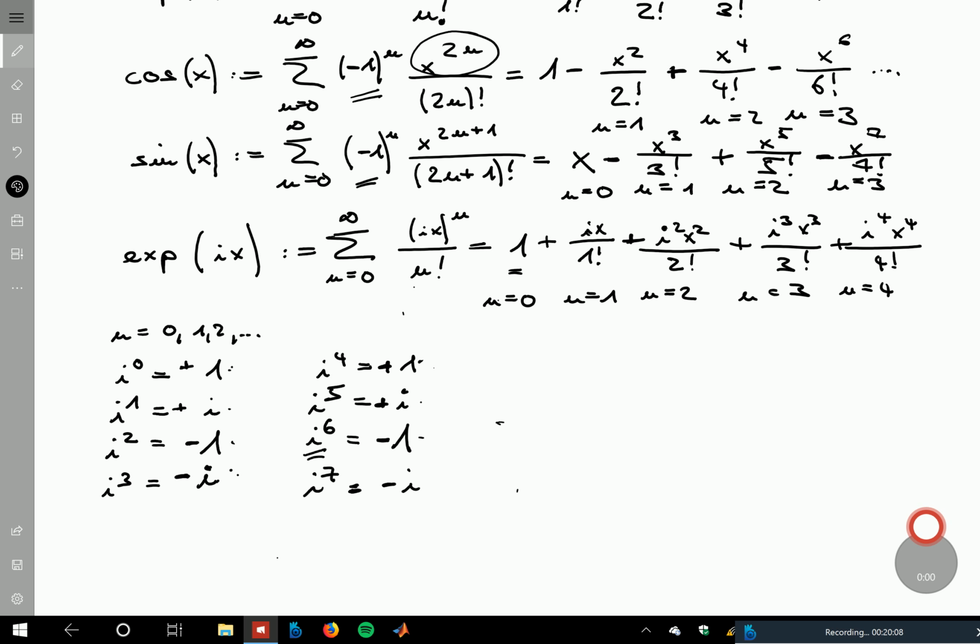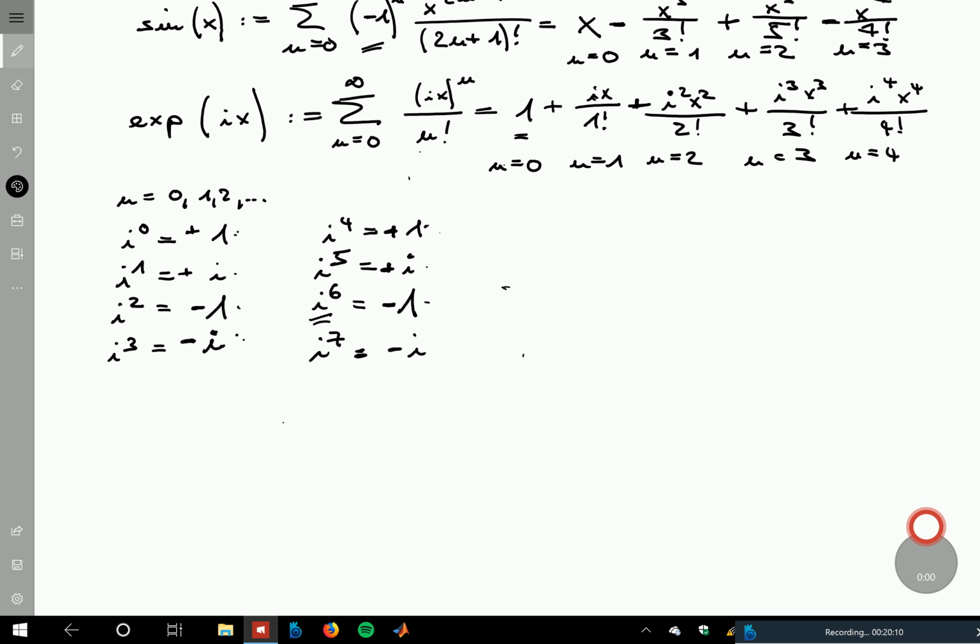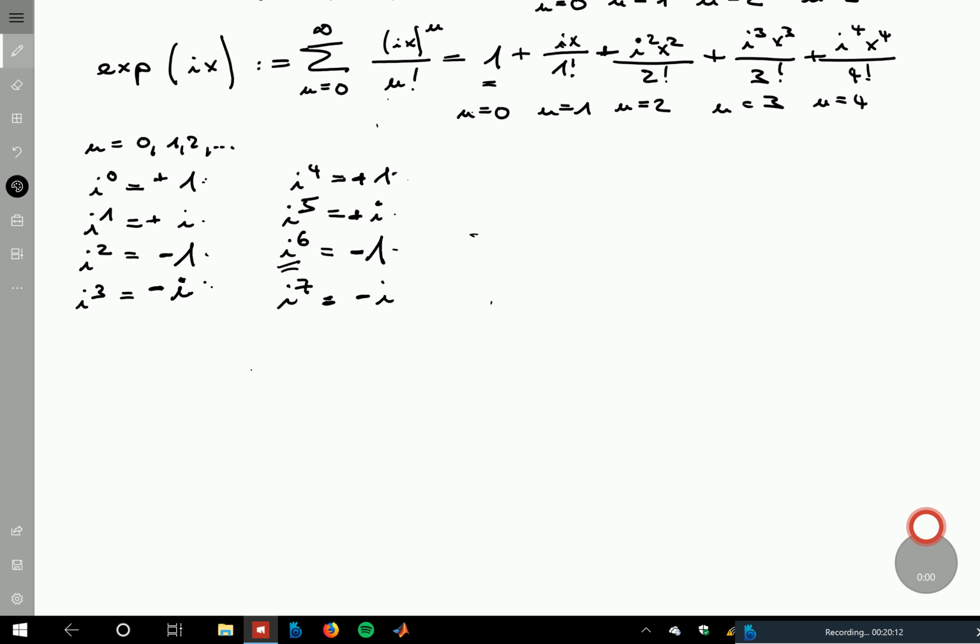So what we now can do with our complex argument here, we actually can go on. So of course we can split what we have here, but first we write it out actually.